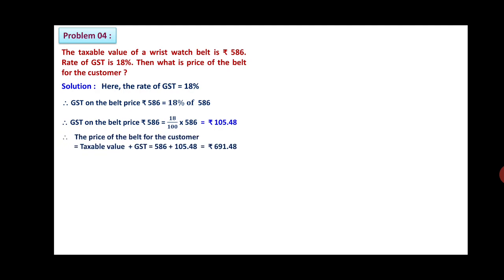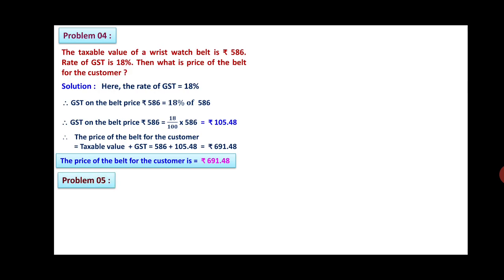This is the GST. The price of the belt for the customer now will become the taxable amount plus GST. 586 is the taxable amount and GST just calculated rupees 105.48. So the total will come 691.48. The price of the belt for the customer is now rupees 691.48.